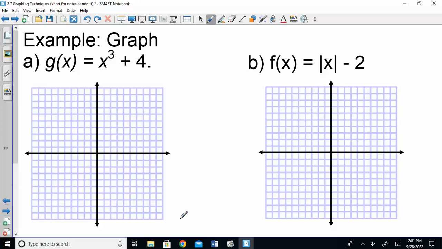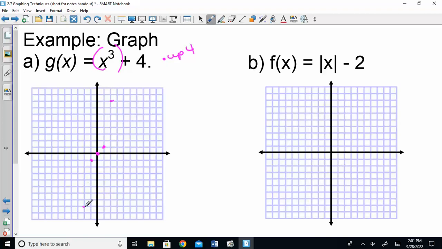All right. What's my transformation on A here? Up 4. It's on the outside because it's not part of my cube. Outside is y and it does what it says. So plus 4 would move it up 4. So my parent function is x cubed. That's the chair. 0 cubed is 0. 1 cubed is 1. 2 cubed is 8.